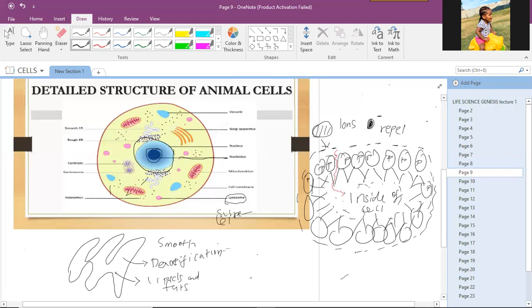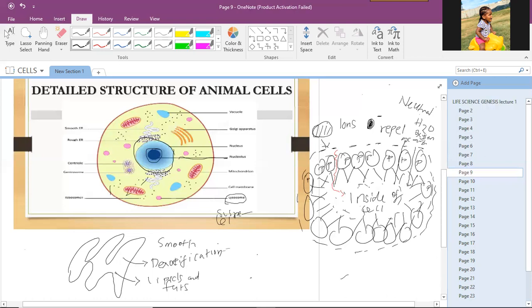But if you have something that is neutral, for example, water, and certain gases like oxygen and carbon dioxide, which is a waste product, they'll be able to pass through and leave the cell. But these other ions that are negatively charged and these other things that are very big, they won't be able to pass through the cell.